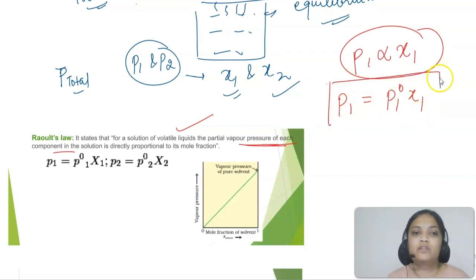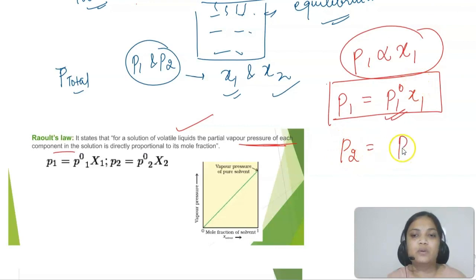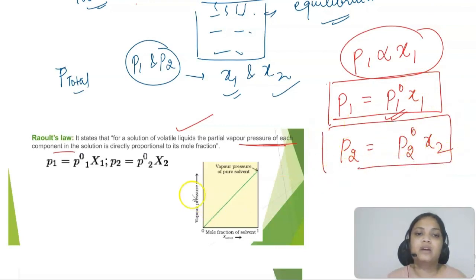Now this P1 naught is the vapor pressure of the pure solvent, meaning when it is not mixed, that is the vapor pressure P1 naught. Similarly, I can write P2 = P2 naught x2. From here you can see that the vapor pressure will be directly proportional to the mole fraction, and this is the straight line graph that you are going to get.